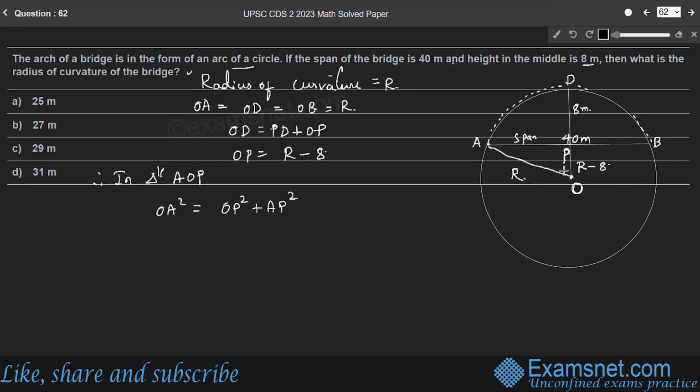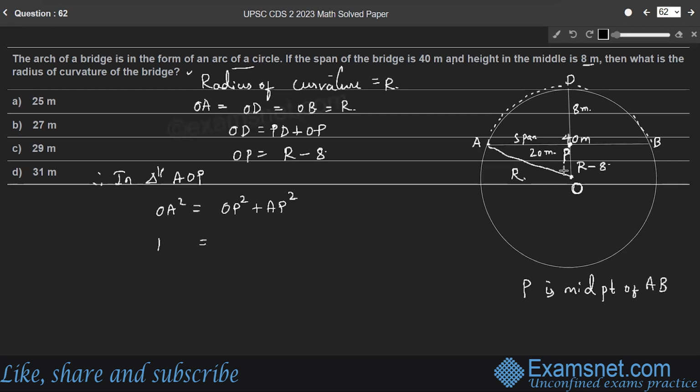Since P is the midpoint of AB, the AP distance is half of 40, which is 20 meter.